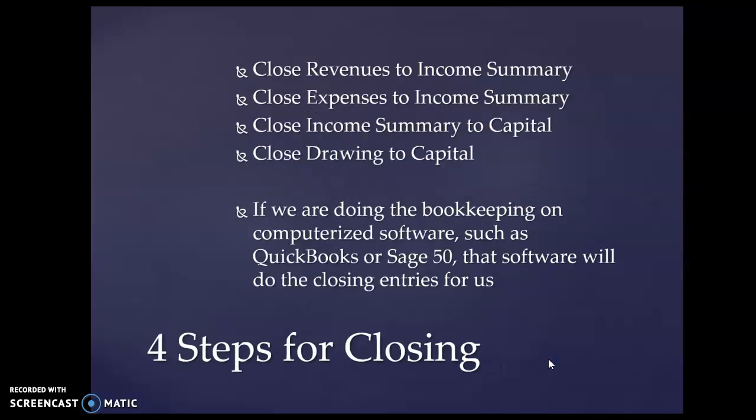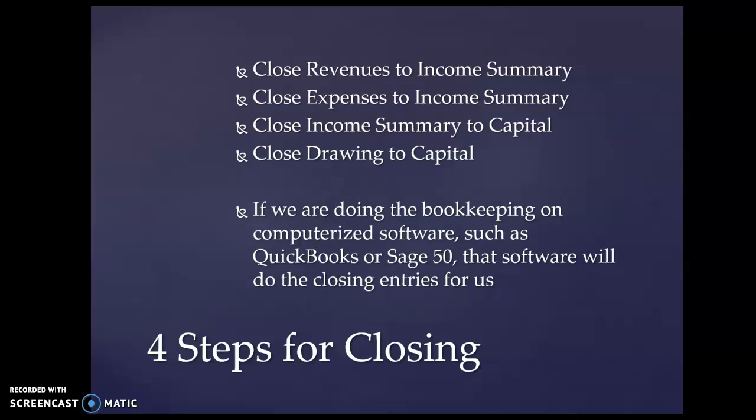Now there are 4 steps to doing closing. The first step, remember we said we're going to start this new temporary account called income summary. Sometimes in a company they don't even set up an account called income summary in the ledger, but if they did, it would have an account number that starts with a 3, just like capital and drawing.